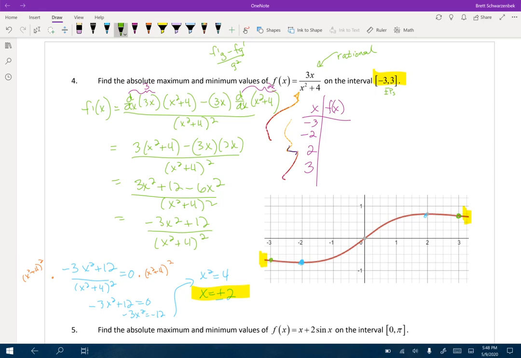If we plug these in, we're going to get crazy fractions, so I'm going to make this a little bit better and spaced out just because it's going to be fraction results. So negative 3, negative 2, 2, and 3. If I put negative 3 in there, I actually get negative 9/13, which is approximately negative 0.69.